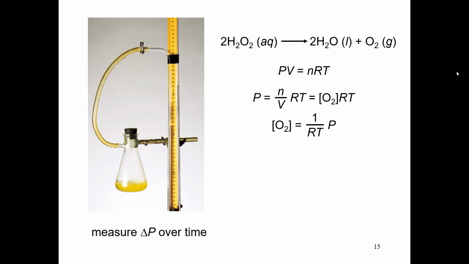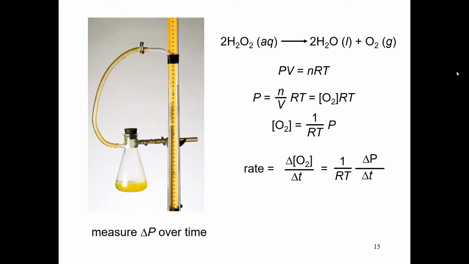And so when we measure the rate in terms of the appearance or the change in concentration of oxygen gas, that would be Δ[O2]/Δt, we can substitute this expression we just derived and write this as 1 over RT. Remember, since R and T are constants, we can take them out of that Δ[O2] expression.